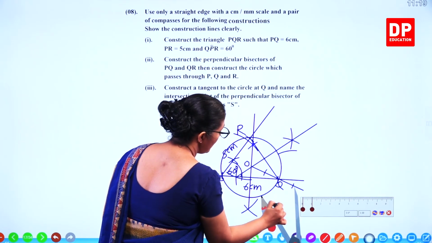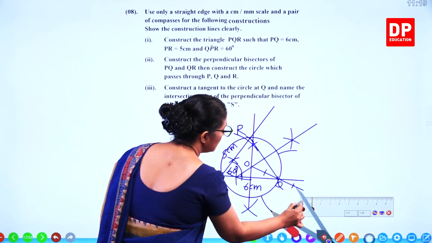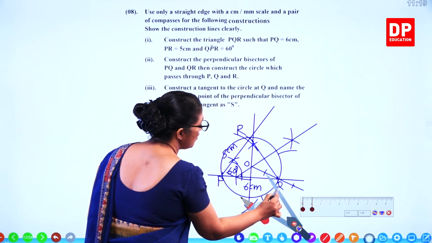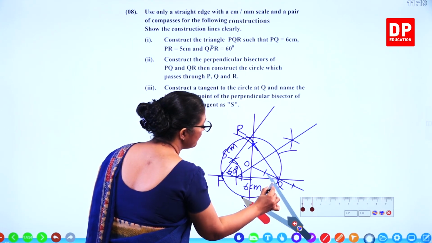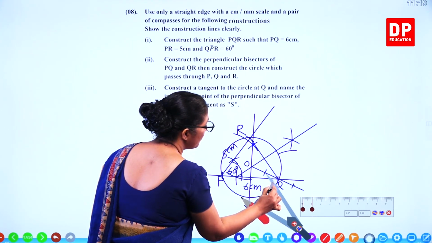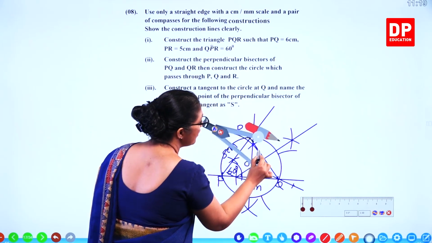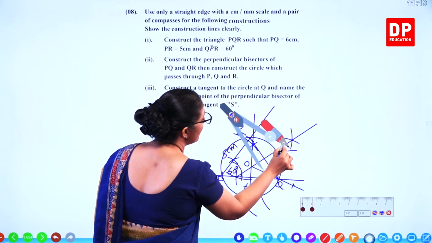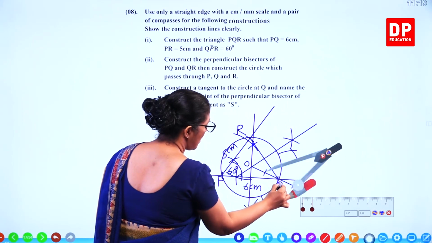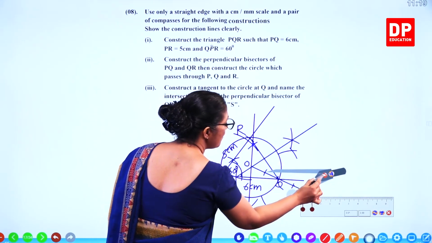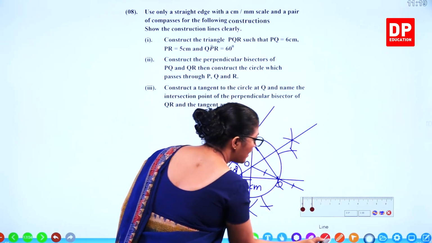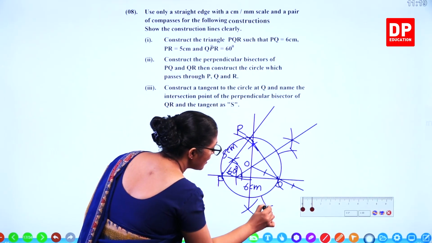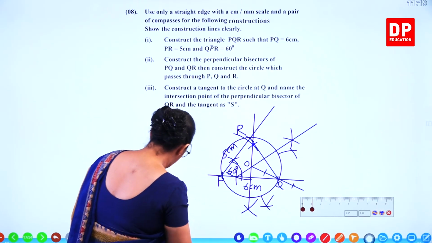Keep it on top of this point and draw this arc and this arc. Now we have 2 points. Now you can connect them. That's the tangent.